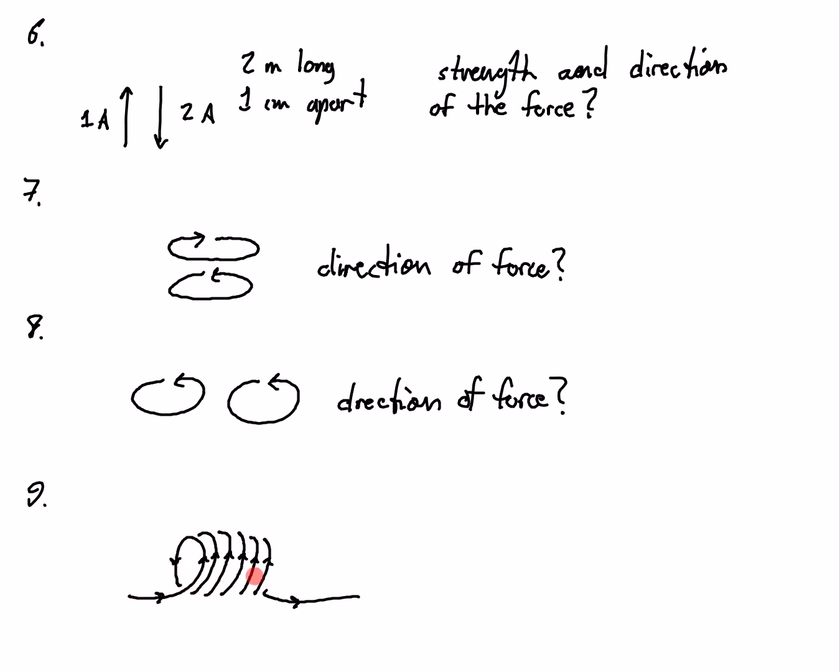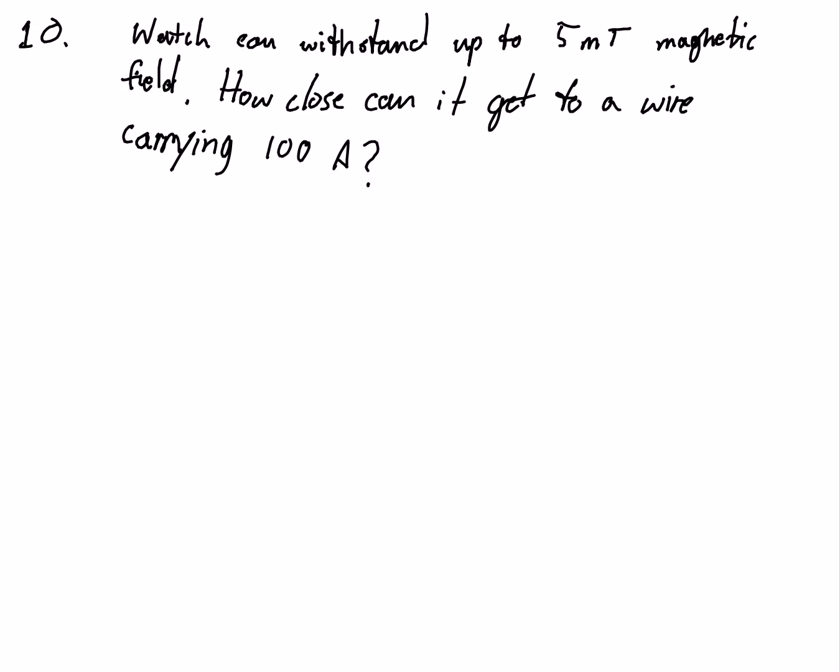It's like a slinky or a spring, with current running through it in the direction I've drawn. What is the direction of the magnetic field at the center of the coil? And finally, suppose you have a watch that is rated to withstand magnetic fields of a strength up to 5 millitesla, and you're working with some high current electronics. How close can your watch get to a wire carrying 100 amps before you would be exceeding the 5 millitesla specification?